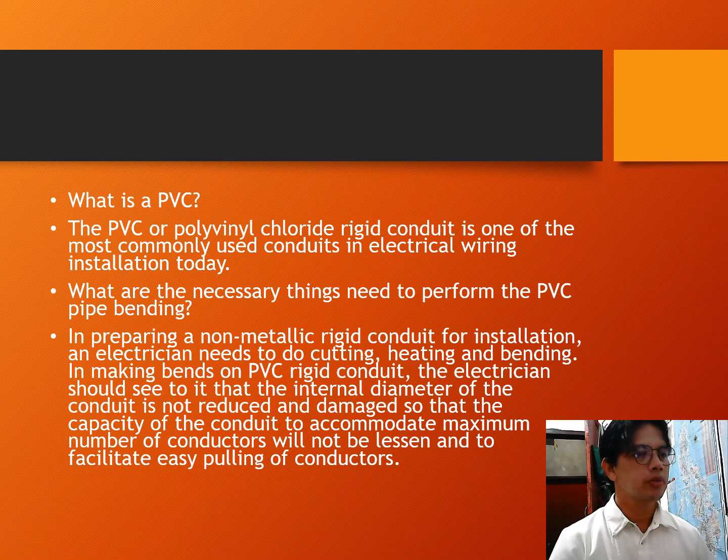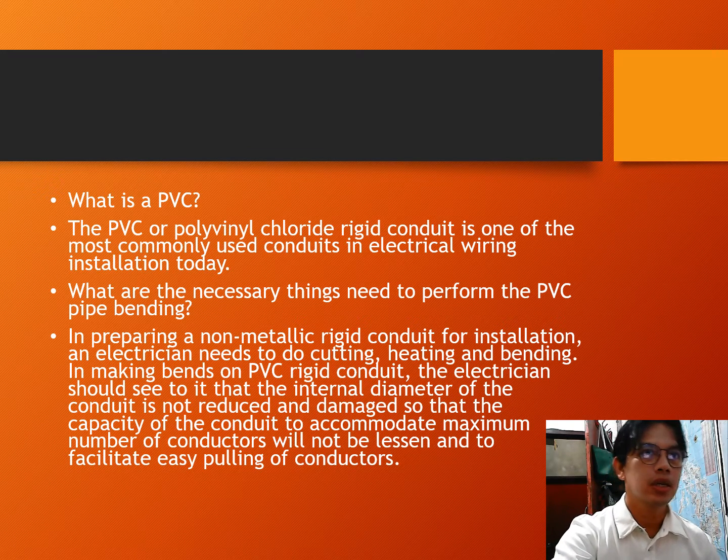In preparation of non-metallic rigid conduit for installation, electricians like us, or even you, need to do the cutting, heating and bending, because PVC needs to be bent and offset regardless of size.